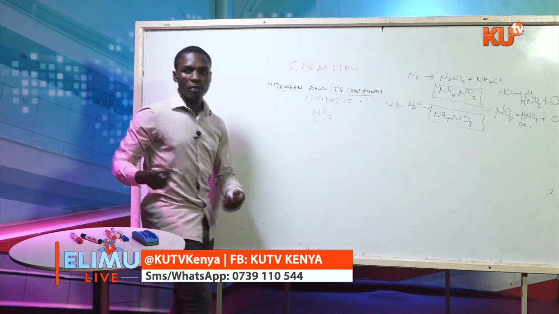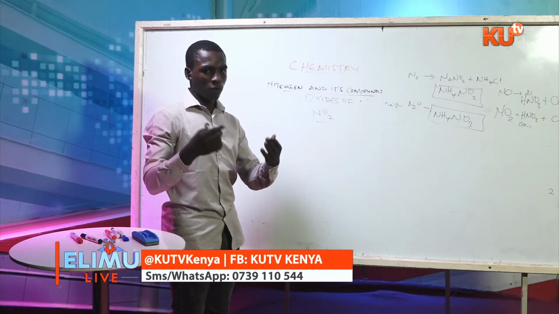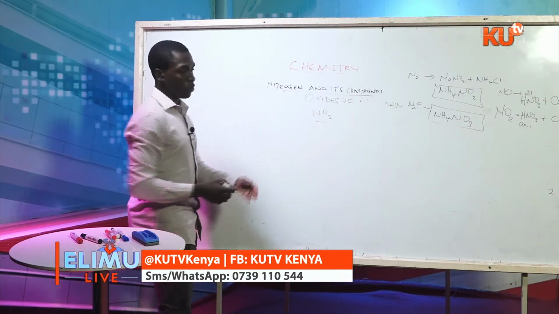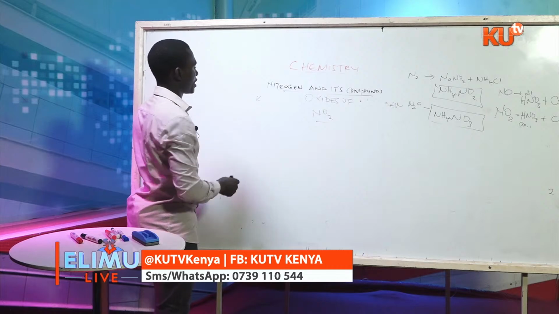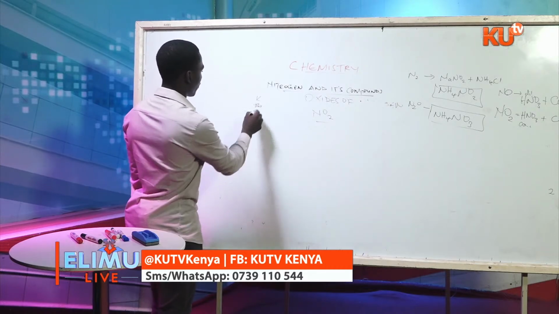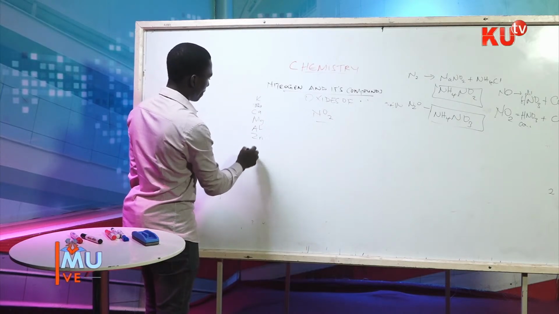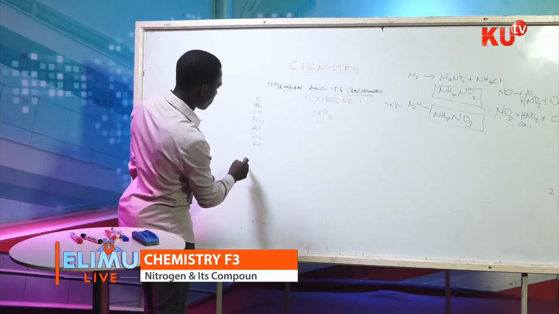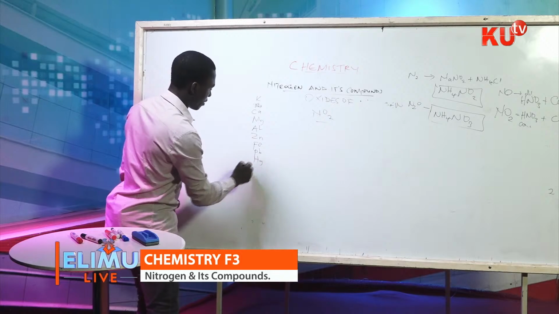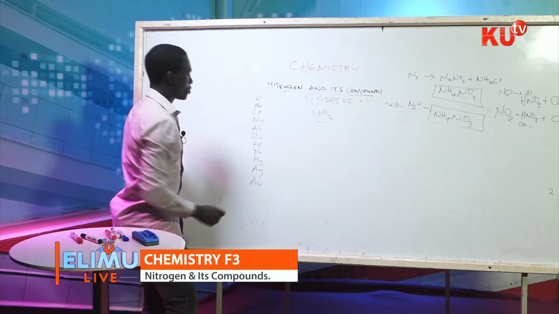nitrogen 4 oxide can also be prepared through the thermal decomposition of the nitrates of those metals that are below sodium in the reactivity series. So we all know the reactivity series. We have potassium, we have sodium here, we have calcium, magnesium, aluminium, zinc, iron, we have lead, we have mercury, we have silver, and then we have gold.